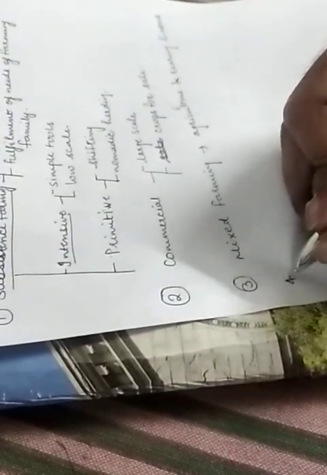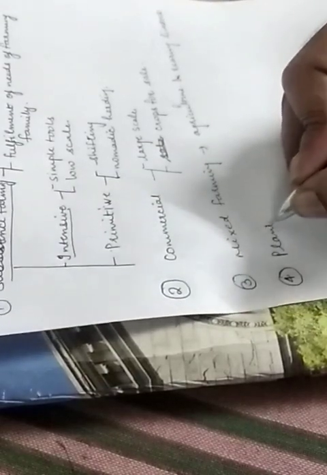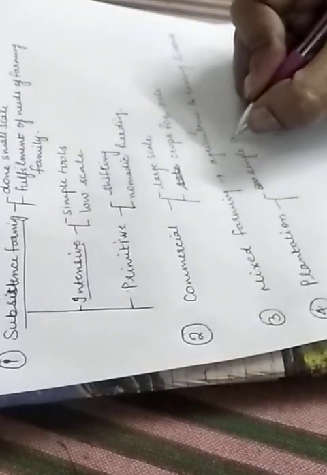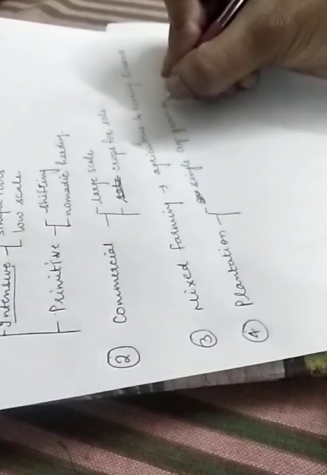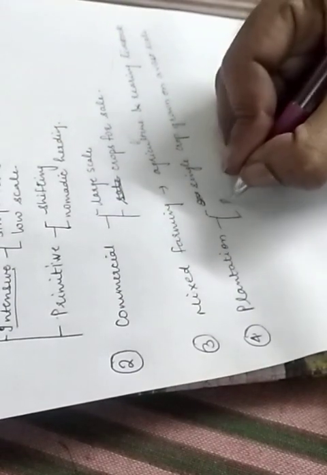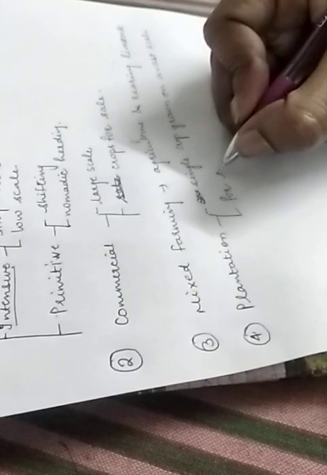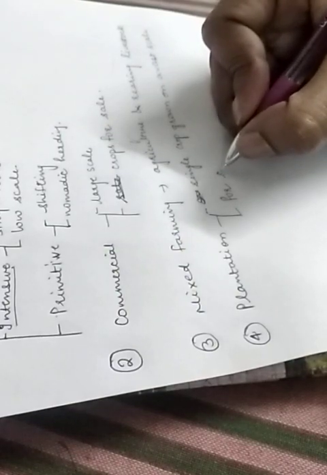Plantation. When a single crop is grown on a vast scale, generally for commerce or for sale.